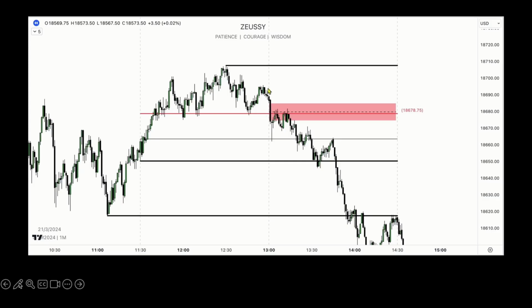The market displaces through that with a CISD. It shows a willingness to move lower. Market retraces into that. Time distortion takes place, meaning the market consolidates, and then it finally begins to roll over and it draws towards the first PM cycle's low.